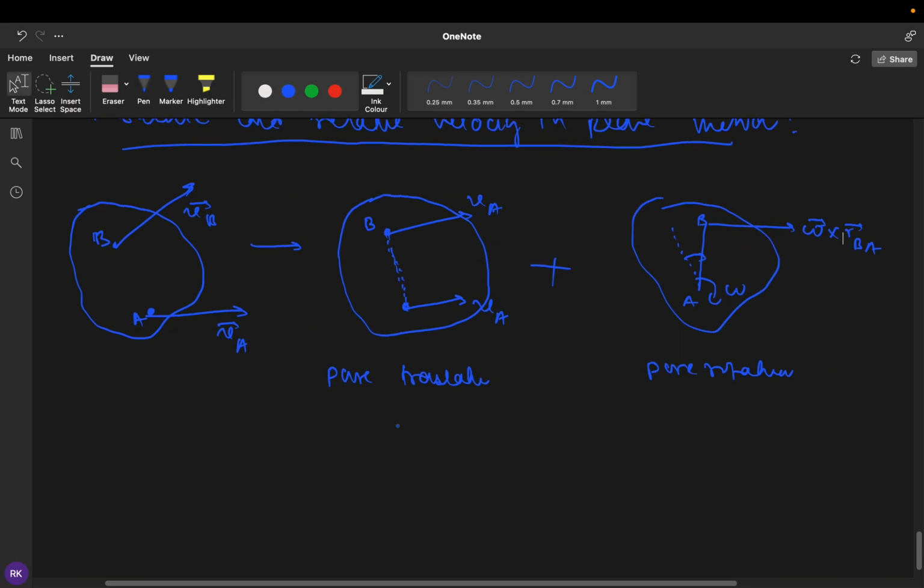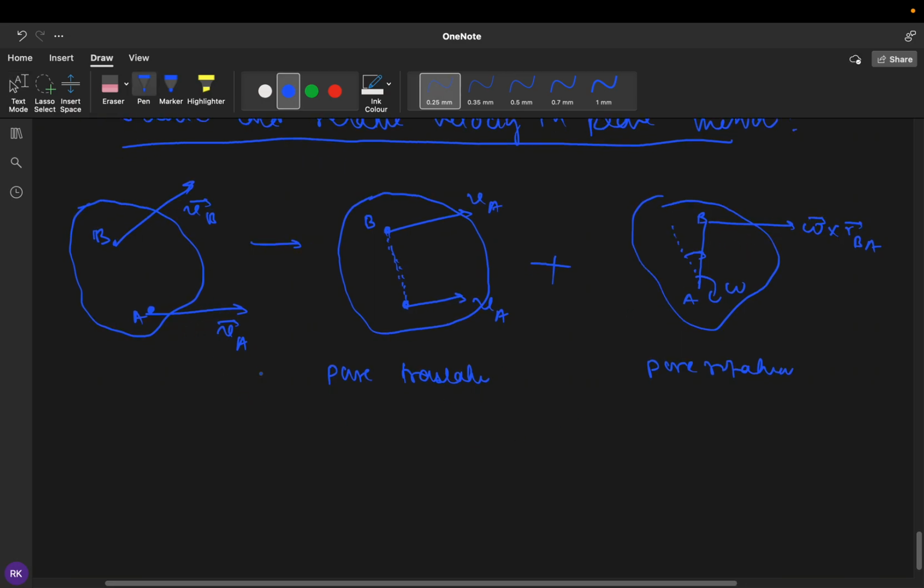So if I want to write the velocity of particle B, I can write it as the sum of this velocity, which was the translation velocity, plus the orientation with respect to A might have changed by some angle. So we can write omega cross RBA.